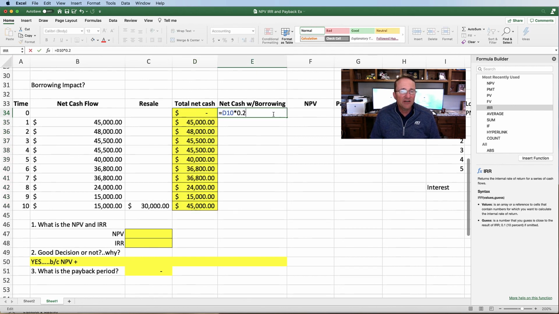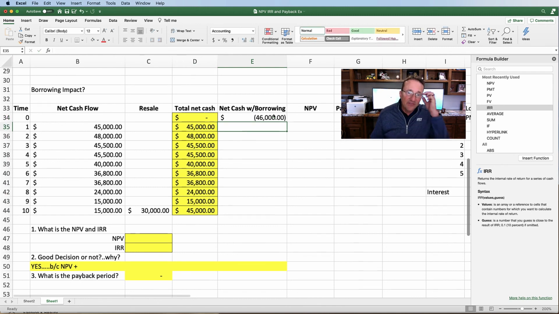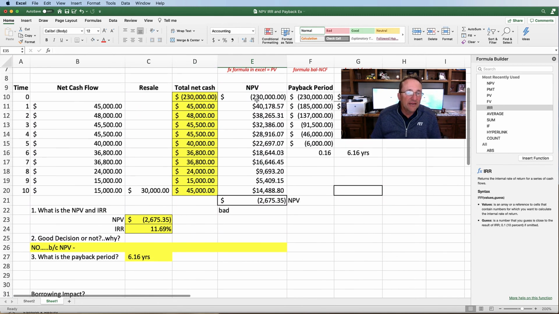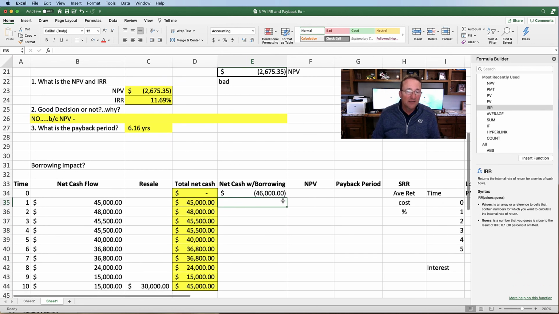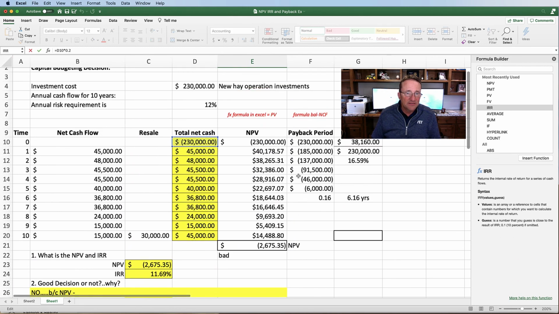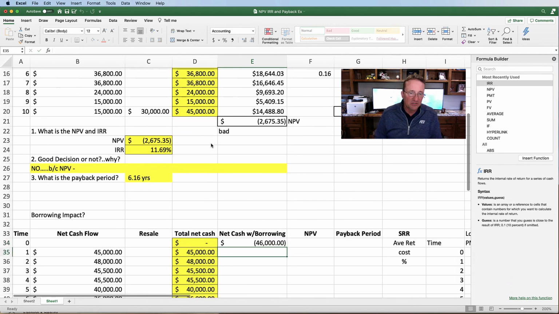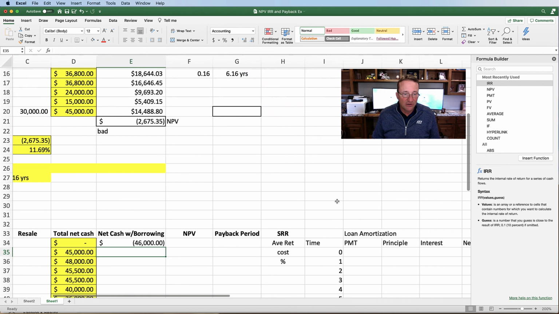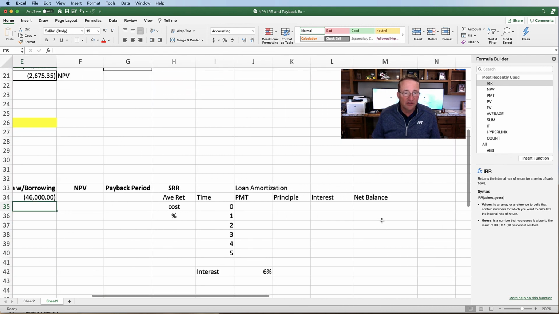But what I've done is I've gone in here and said, what if we put 20% down? So instead of having to pay $230,000 up front, I just wrote a quick formula that says, tell me what 20% of that would be. And actually, it's $46,000. Now I need to look at what a loan looks like.